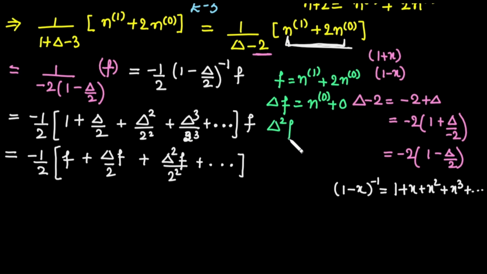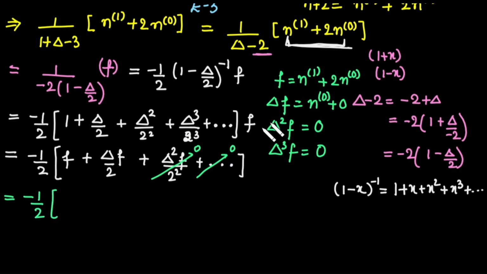Similarly, take delta square of f. Now n raised to power 0 is constant and constant derivative is 0. Obviously, if delta square f is 0, then delta cube f is also 0. So in that case, this term is 0, even the next terms are 0.